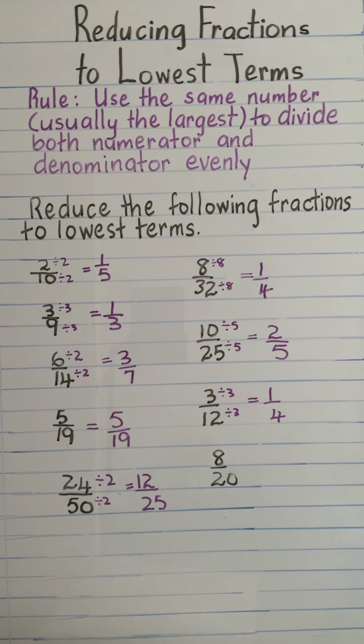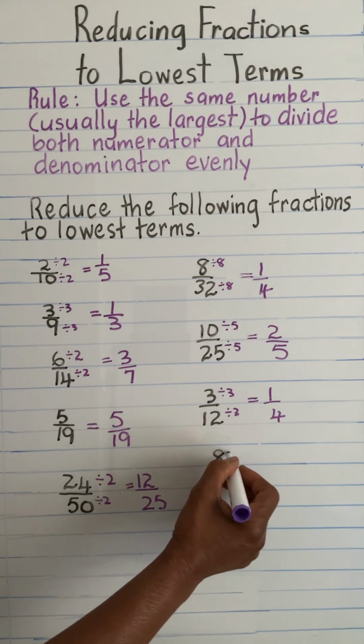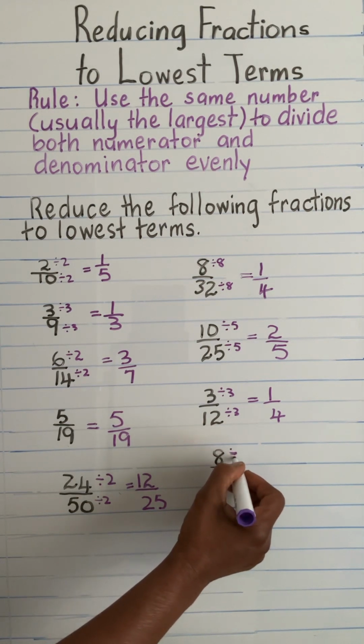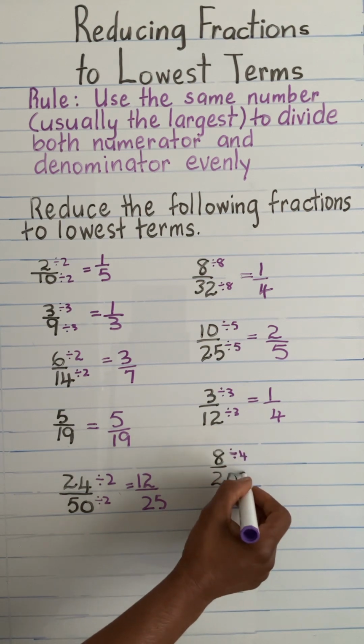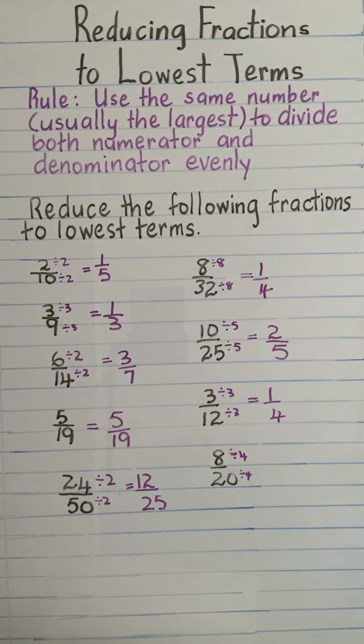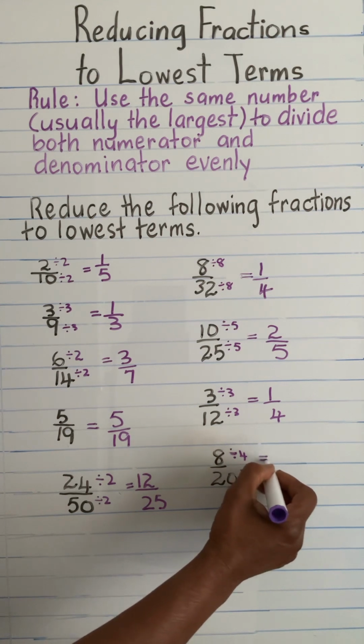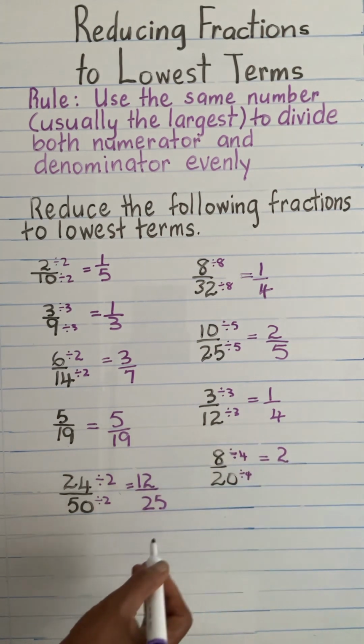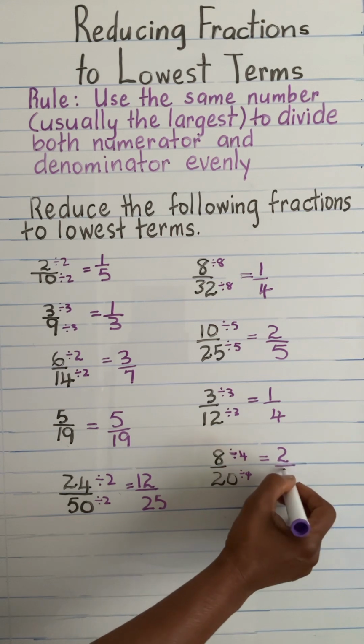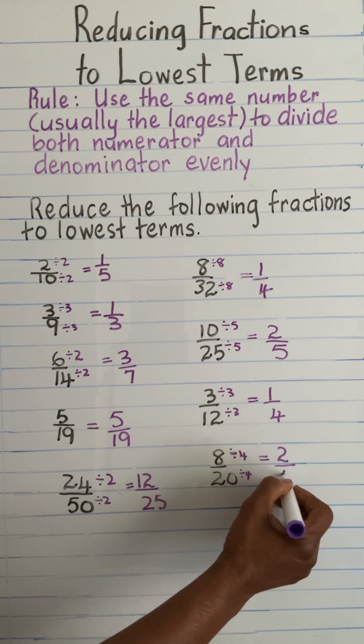We know 8 can divide 8, but 8 cannot divide 20. Next number that can divide 8 is 4. And when we check, we also see that 4 can also divide 20. So let's divide both numbers by 4. 8 divided by 4 is equal to 2. And 20 divided by 4 is equal to 5.